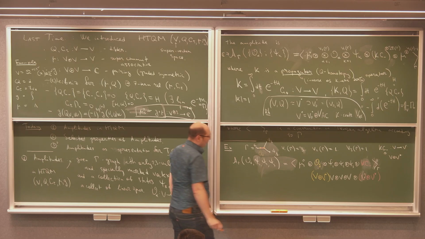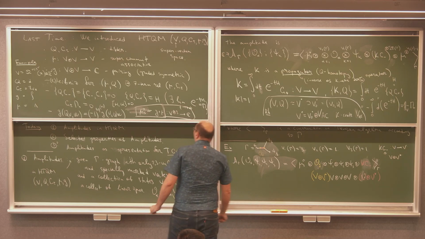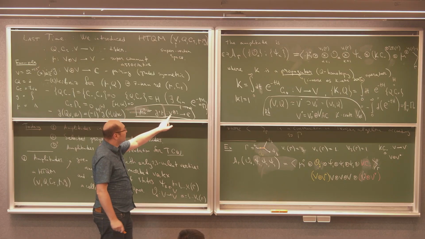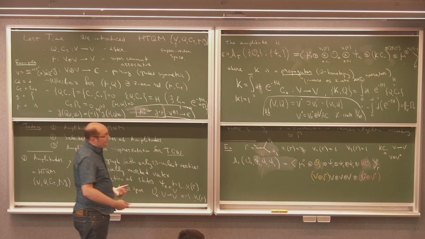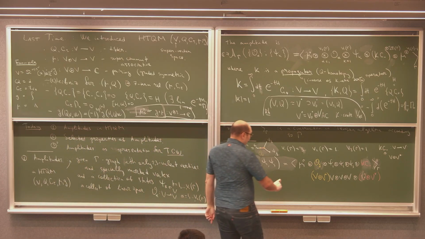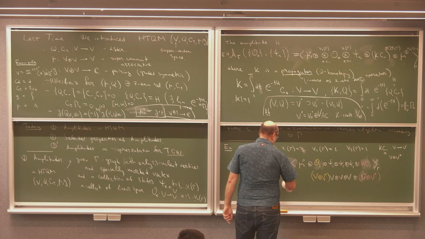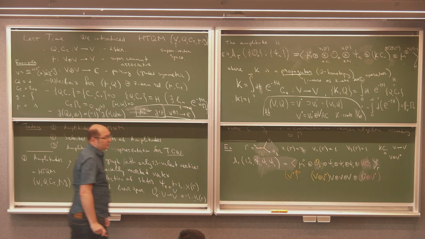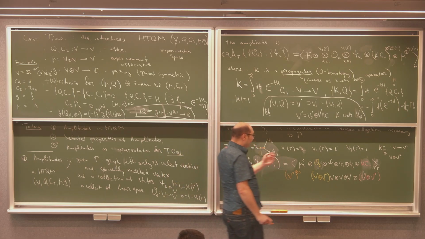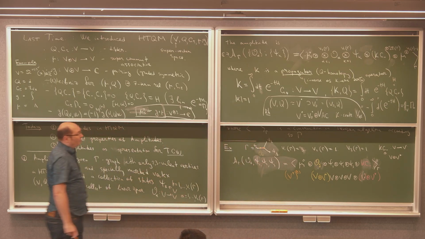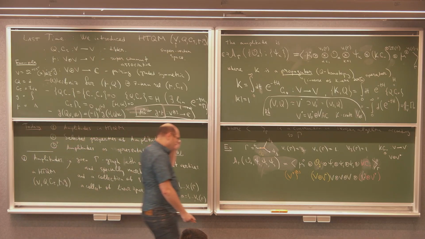Let me color this vertex. mu3 0 is an operator from three copies of V to a complex number. Equivalently, we can treat it as an element of V star to the third tensor power.